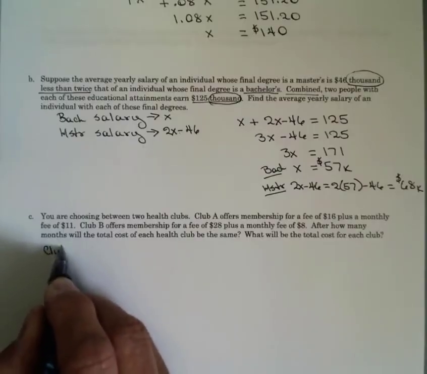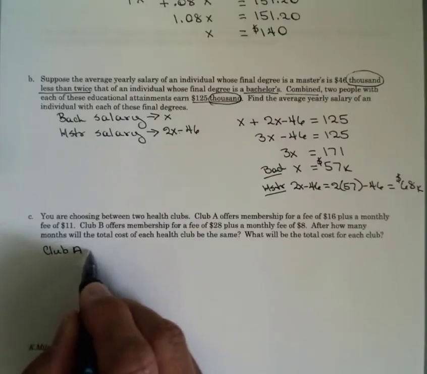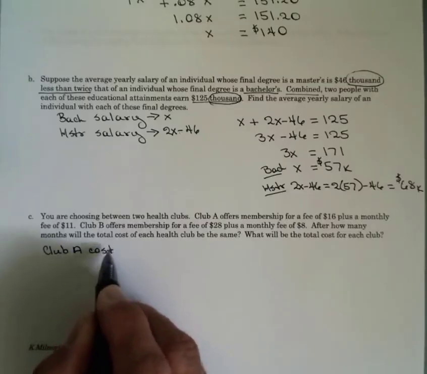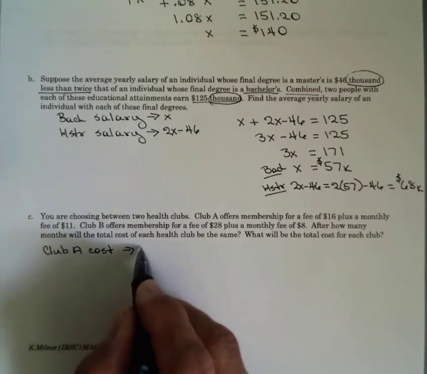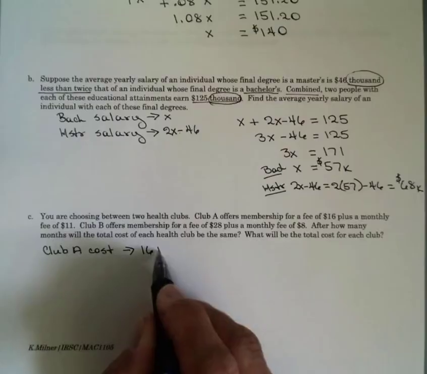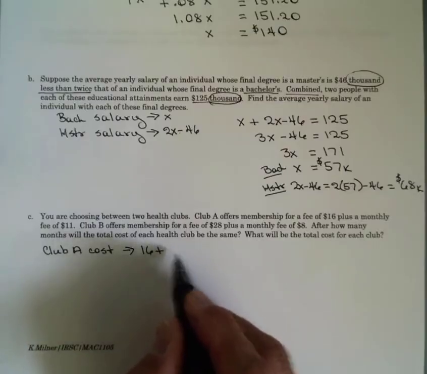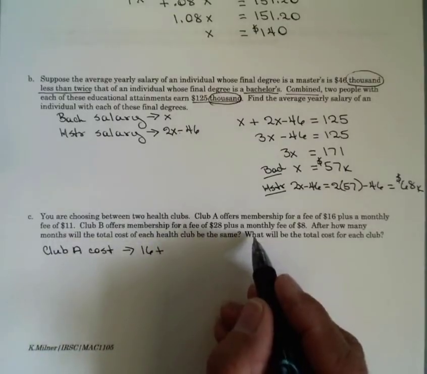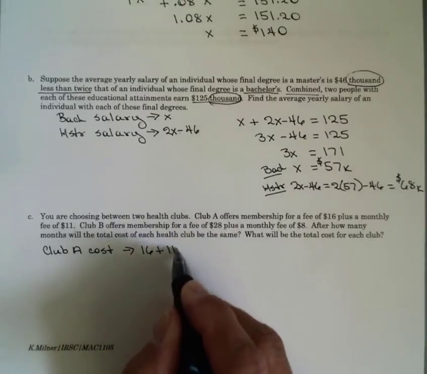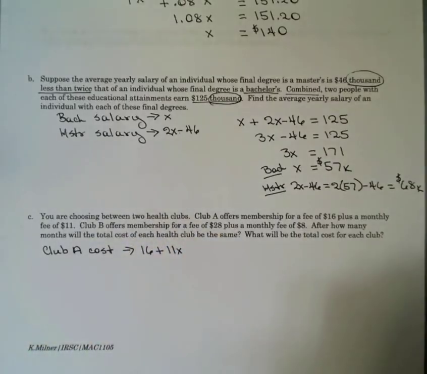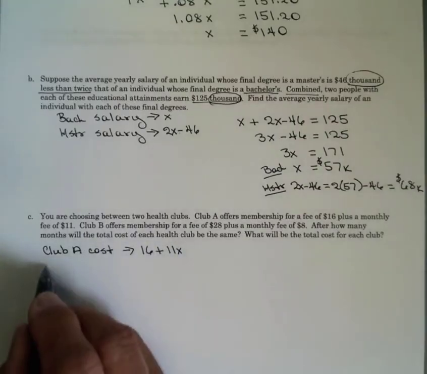Let's look and see. Write down what we have. Club A. I know the Club A cost, don't I? It's going to be $16 plus a monthly fee. Well, we're looking at how many months, so we'll call the number of months X. And each month we'll have to multiply that times $11. So it's $16 to start plus $11 times the number of months.